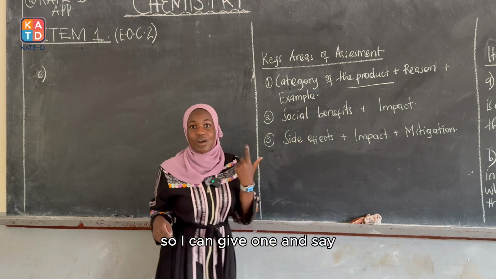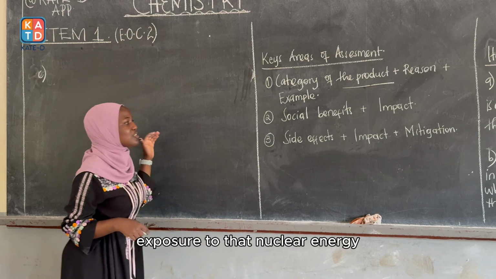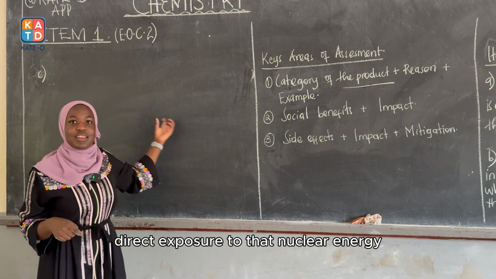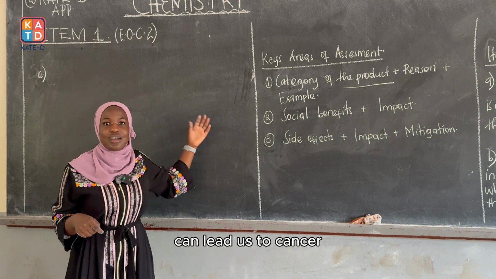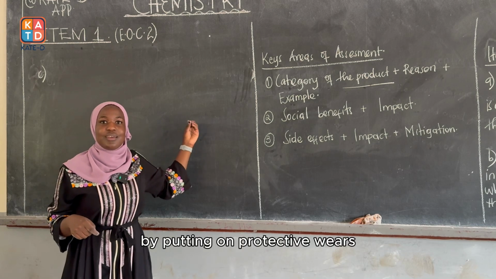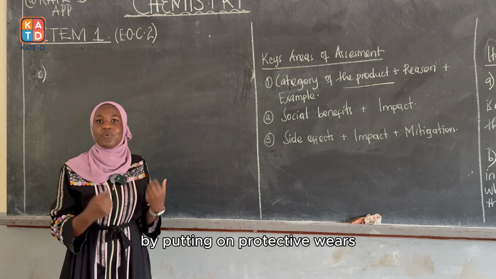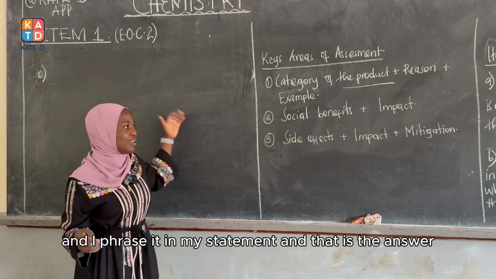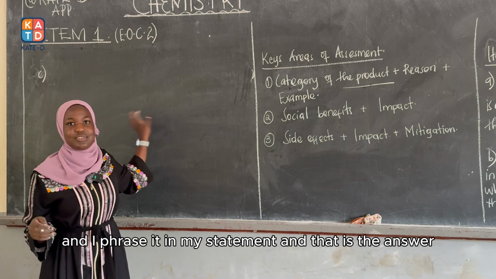So I can give one and say direct exposure to that nuclear energy can lead us to cancer. And then how can I mitigate that? By putting on protective wears or disposable clothes while going for that. And I phrase it in my statement, and that is the answer.